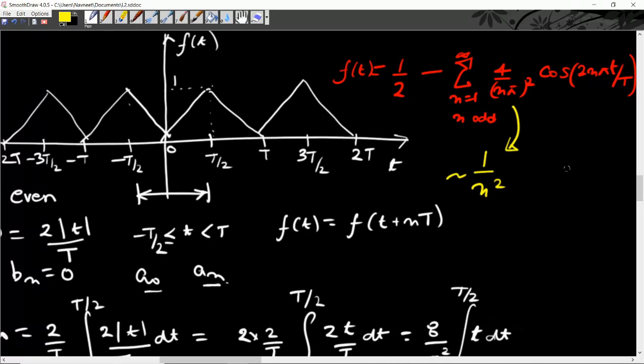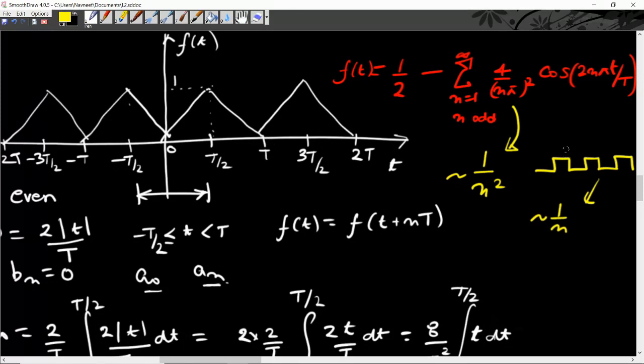This is in contrast to what we saw for our square wave, where the coefficients go as 1 over n. This has to do with the fact that a square wave is discontinuous, but the triangular wave is continuous, but its first derivative is discontinuous at these points.